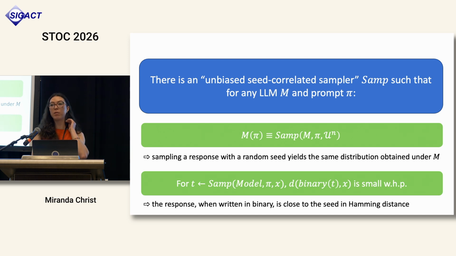But such that if you sample a text using this unbiased seed-correlated sampler, and you convert the text to binary, so you use the colors of the tokens to map back to heads or tails, or 0 or 1, then the string that you get back is close to the string that was used by the sampler in Hamming distance. So if you use this sampler to sample responses, there is some way to recover an approximation of the seed used to sample that response. But this will be a bit lossy. What you recover is close to the original seed in Hamming distance, but it's not exact.